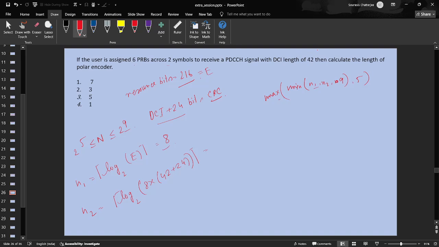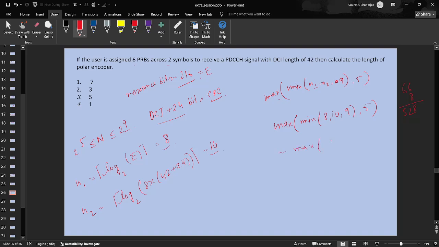Let me just calculate once. 66 times 8 is 528, more than 512, which crosses 512, so that is a 10 here. So essentially it should be max of min of 8, 10, 9, and 5.